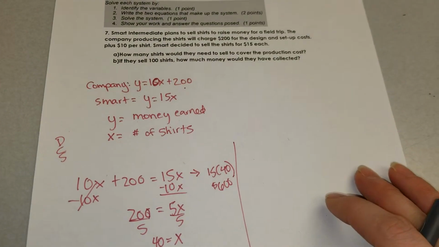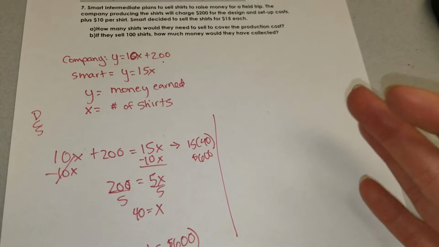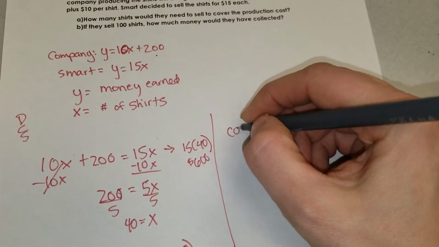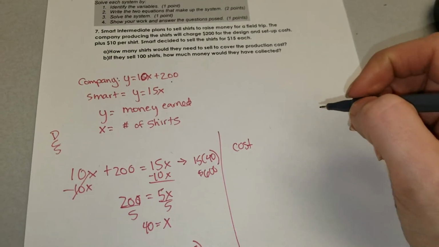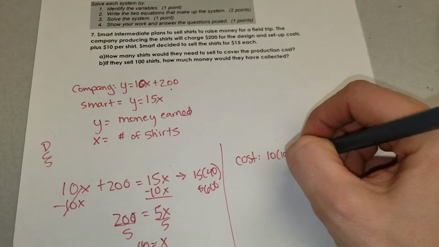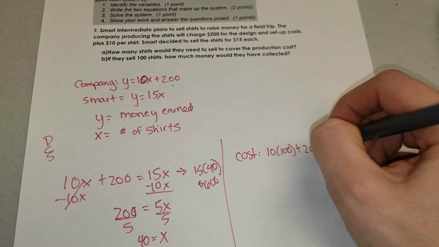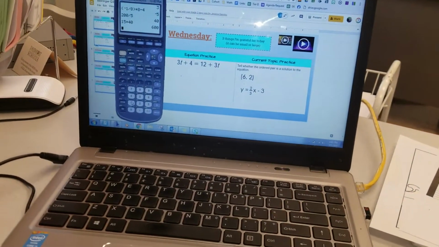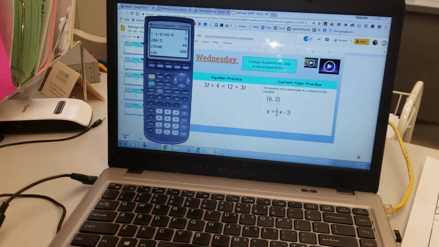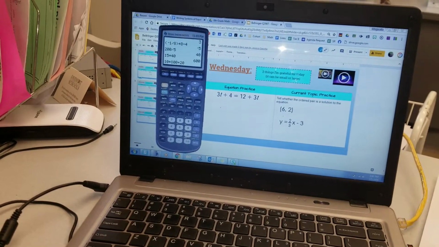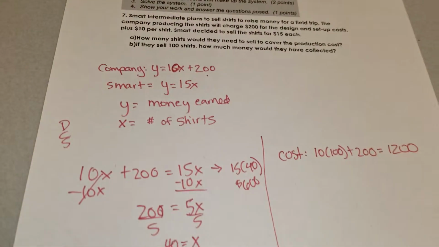So then the second question says, if they sell 100 shirts, how much money would they have collected? So this is that production cost thing, okay? So how much does it cost for them to make 100 shirts? So 10 times 100 plus 200. So I'm literally just typing this in the calculator. 10 times 100 plus 200 is, it's going to cost them $1,200.